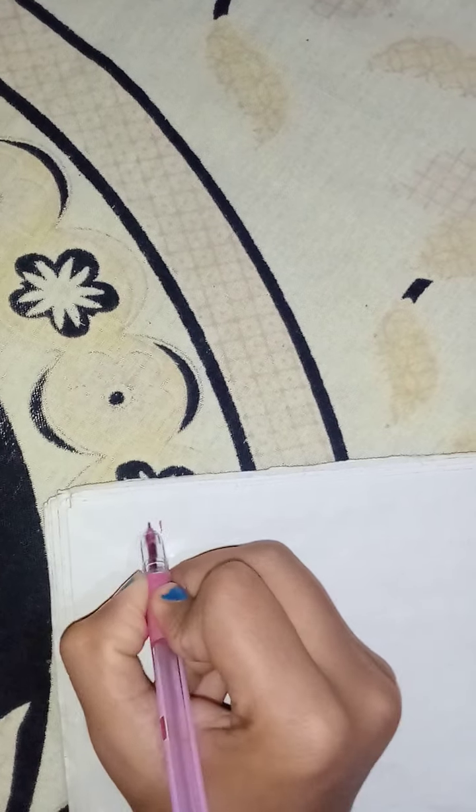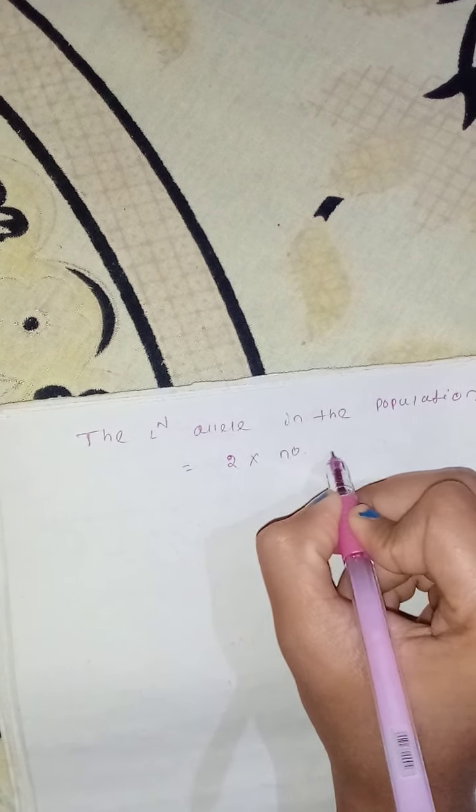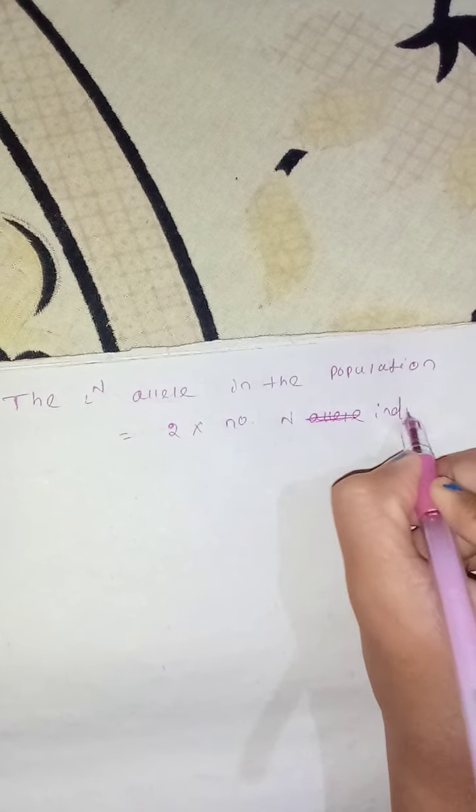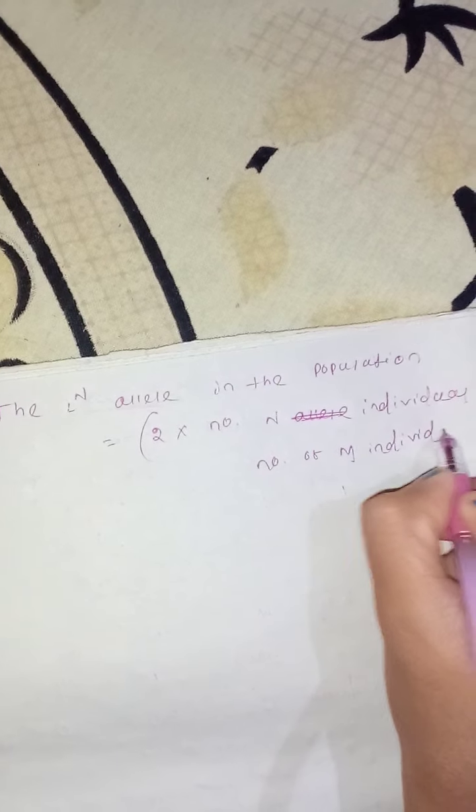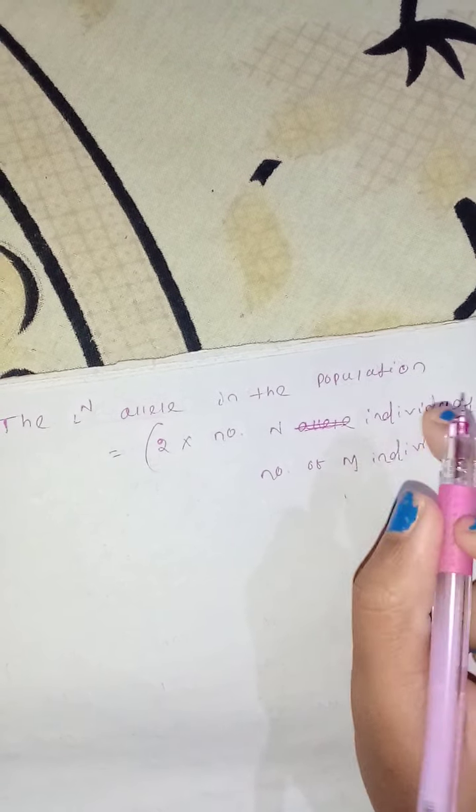Similarly, the gene frequency of LN: first, the LN allele in the population is equal to 2 into number of N individual plus number of M individual from the LN allele.